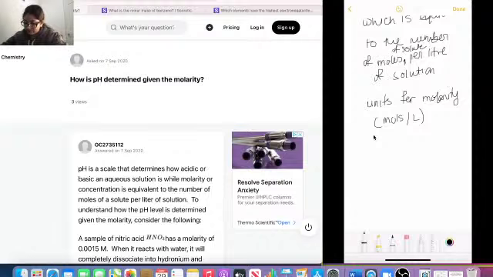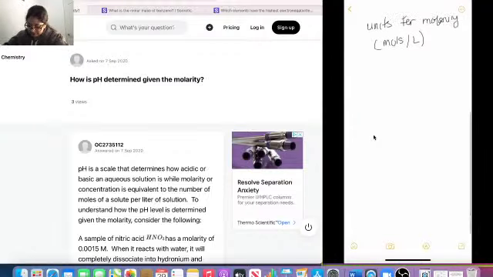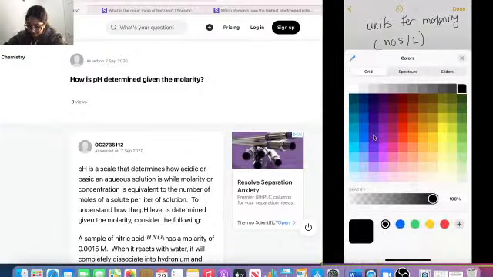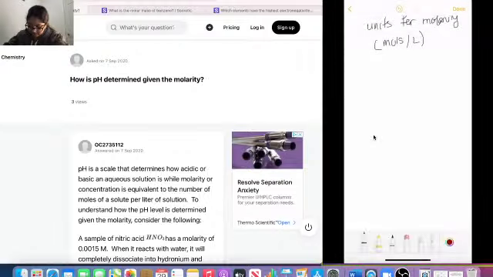And so to understand how the pH level is determined given the molarity, let's use an example. Okay, so let's say, for example, we have nitric acid, which is HNO3.